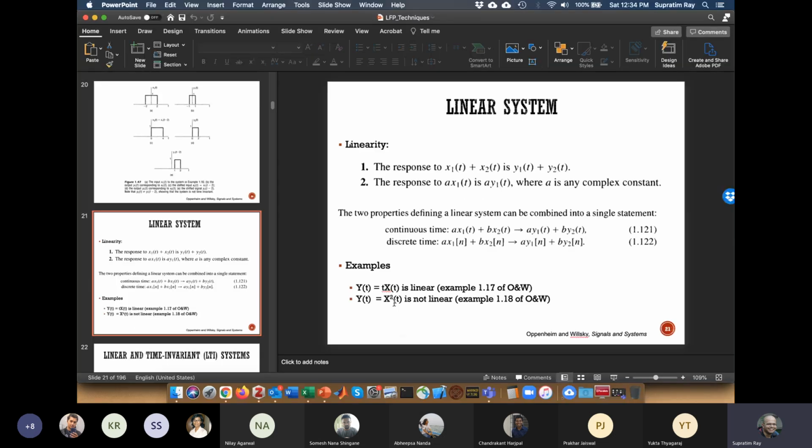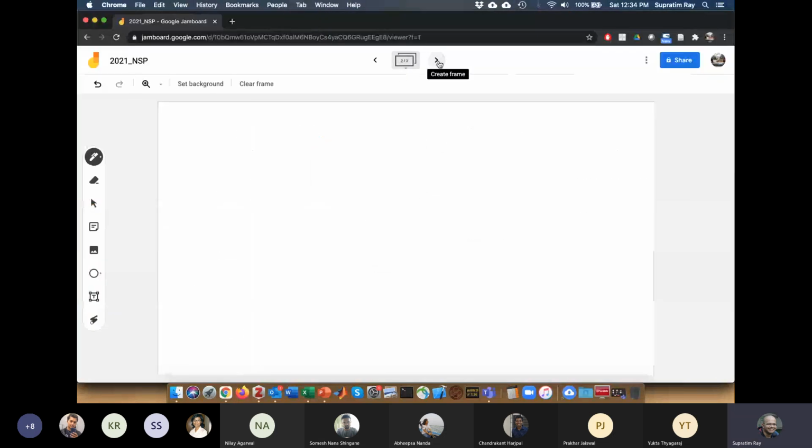So let me just do this here. If I've got y of t equal to t x of t, then y1 of t is t x1 of t, y2 of t is t x2 of t.